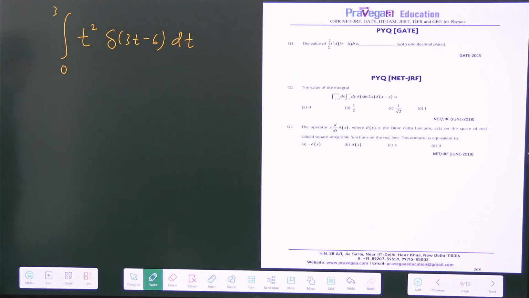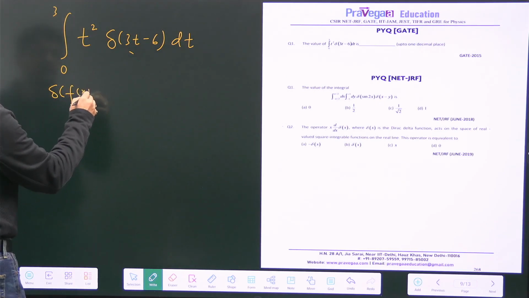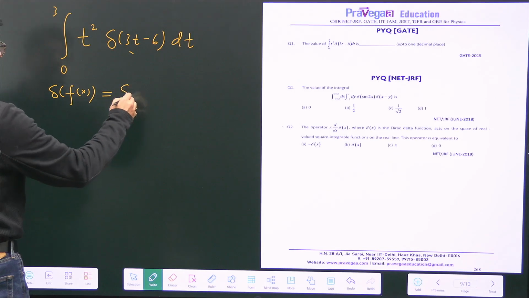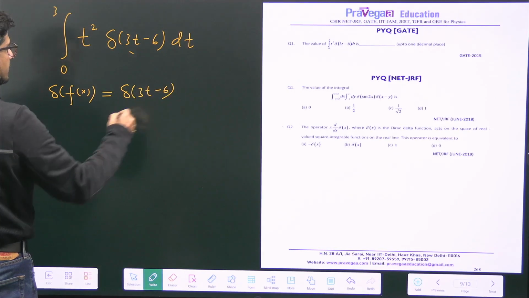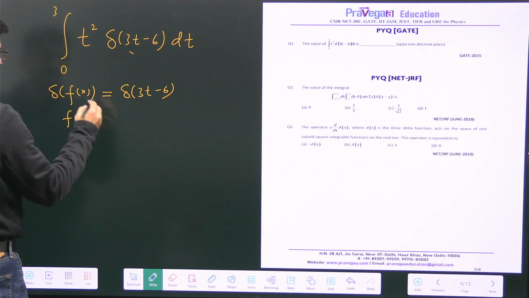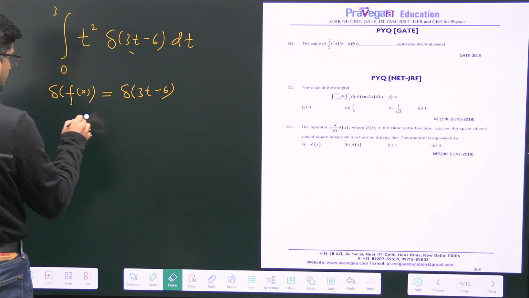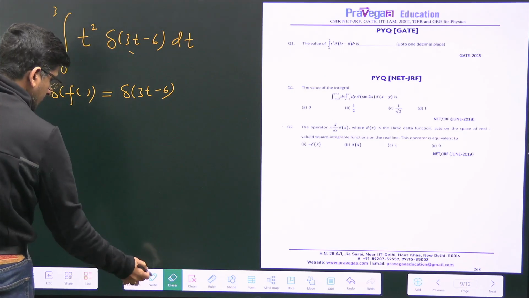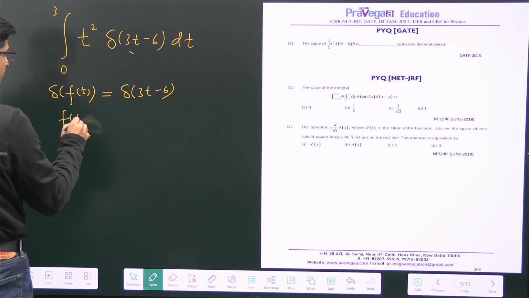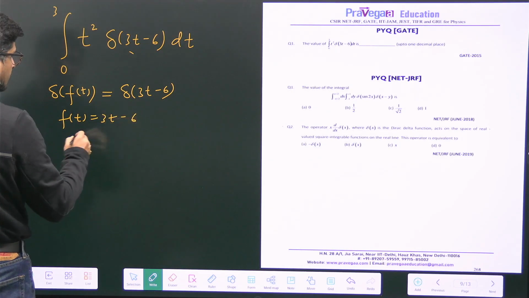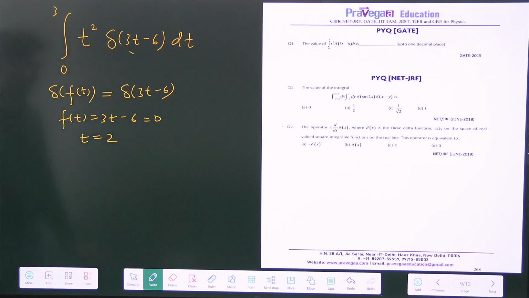Suppose you want to calculate this. So there is a function. This is the case of delta f(x). Here it is delta of 3t minus 6. So f(t) is 3t minus 6, put it equal to 0, then you get t equal to 2, correct? So only one root.